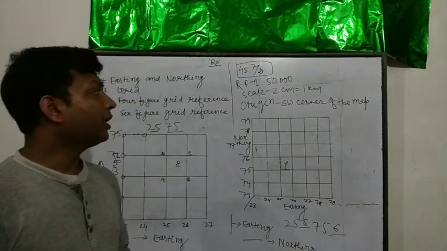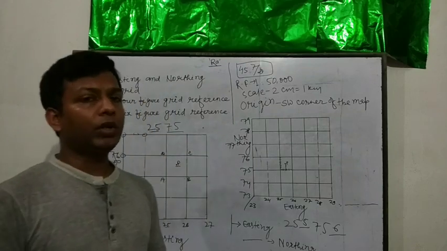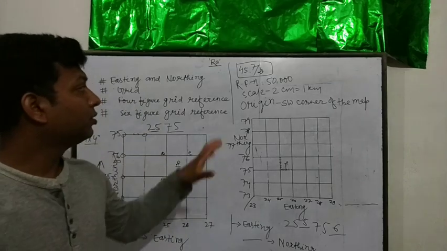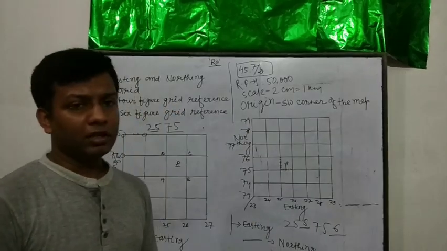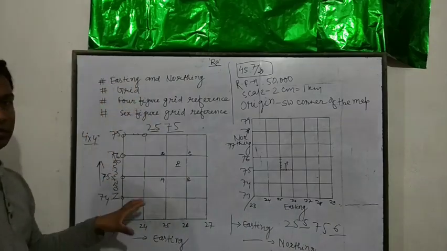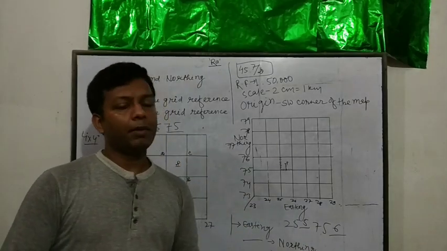The next video will be on contour lines, and I will try my level best for the sign conventions. It is difficult to write on a board, but I will try my level best.